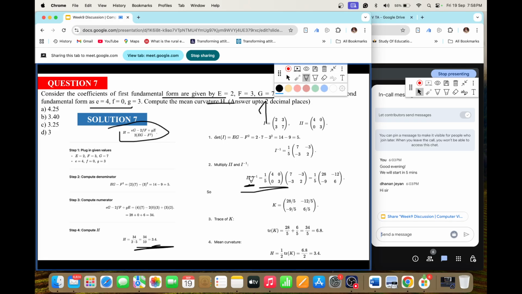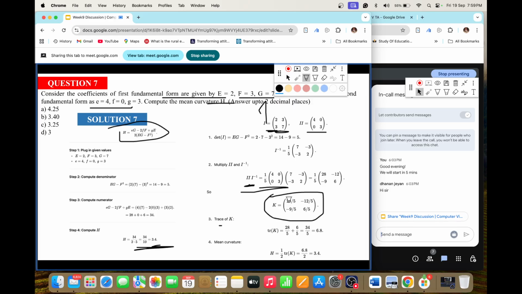The second matrix you already have, and for the first matrix you have to calculate the inverse, and after that you will get the linear map matrix. After getting the linear map matrix, it is very easy. The trace of K divided by 2 will give you the mean curvature.